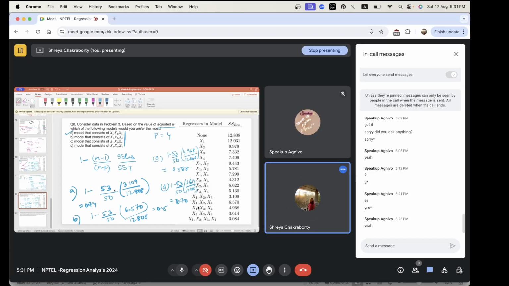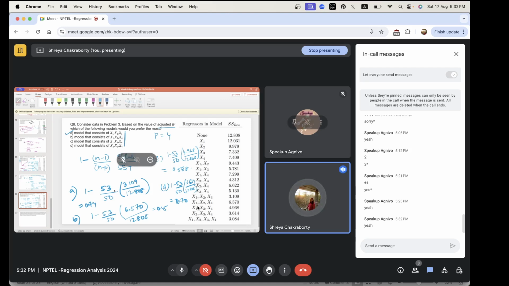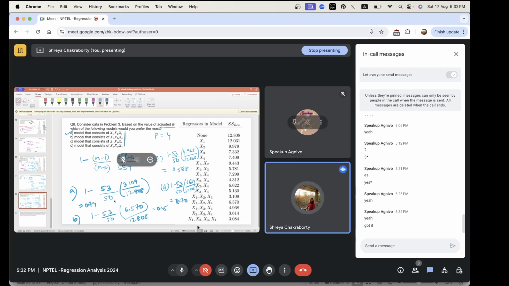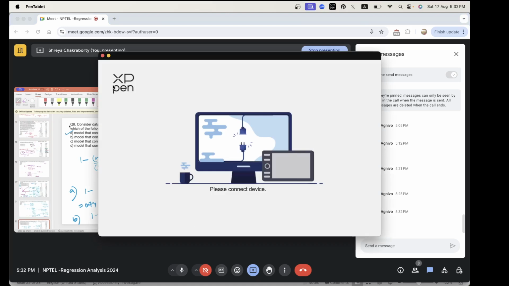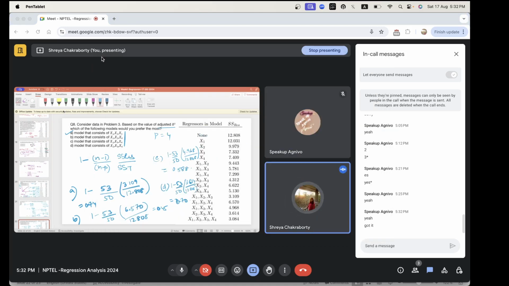So are we clear on how to find out adjusted R square, MS residuals, R square, and those things? Yes. So now that we are clear on that, I would like to show an example in R, so that you can understand how to get these plots easily.